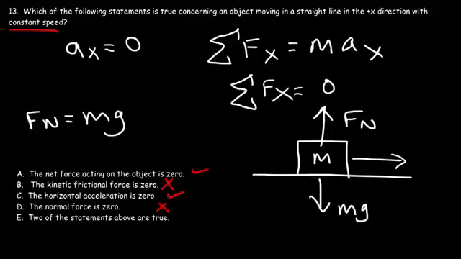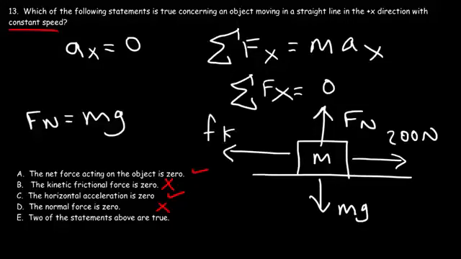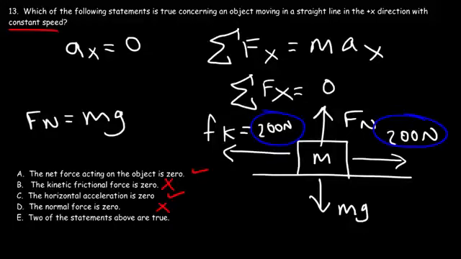The block, or the object, could have an applied force of 200 newtons, and the kinetic frictional force could be the same, 200 newtons. And so the net force, which is the difference between these two, is going to be 0. The net force can be 0, which means the acceleration can still be 0, even with friction present.